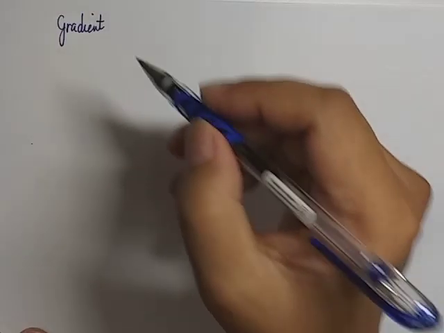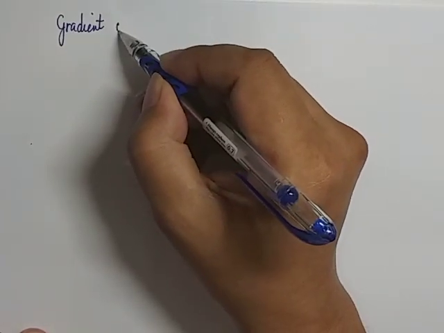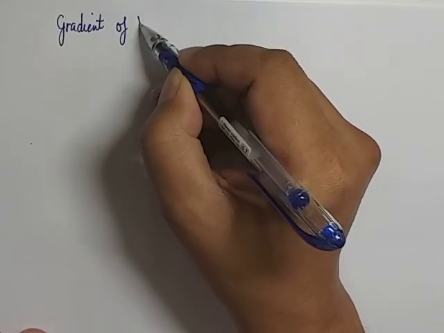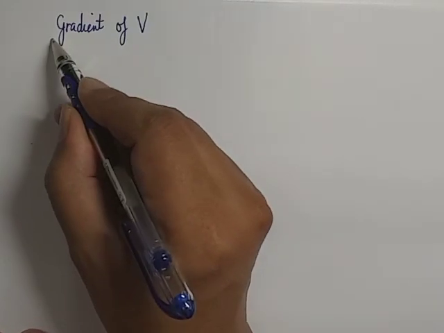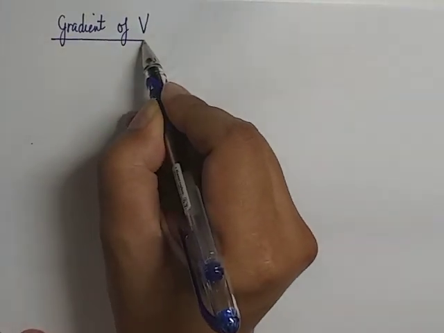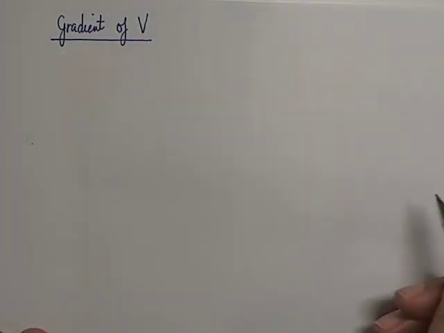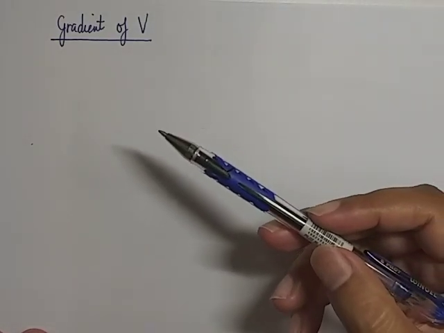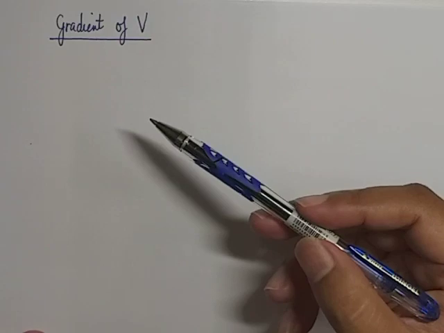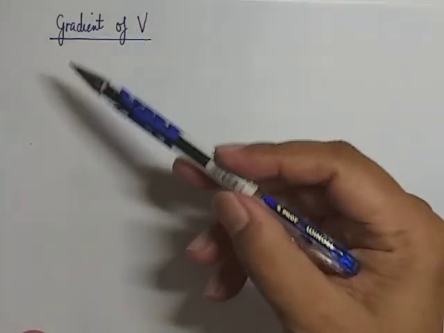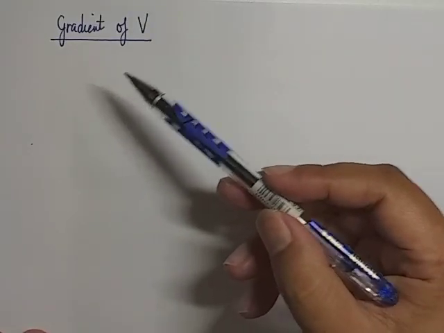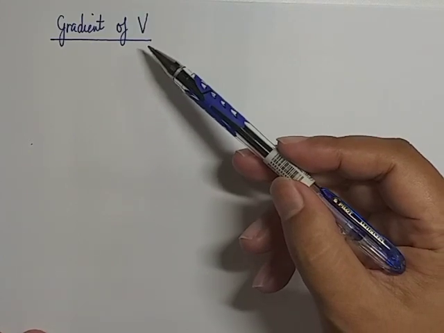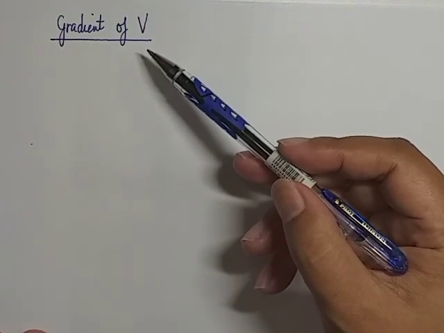To make it more relevant to what we are learning now, we're going to relate it to the gradient of V. The latest parameter that we talked about is potential, so logically, I'm going to relate that with the topic gradient. So, gradient of V, where V is known as potential.